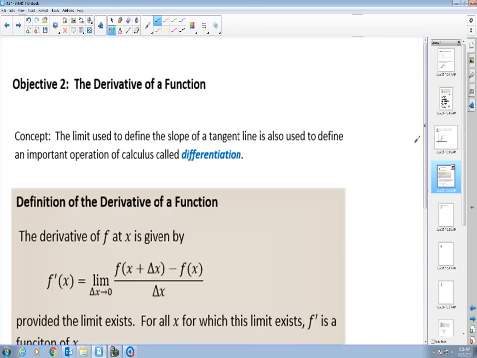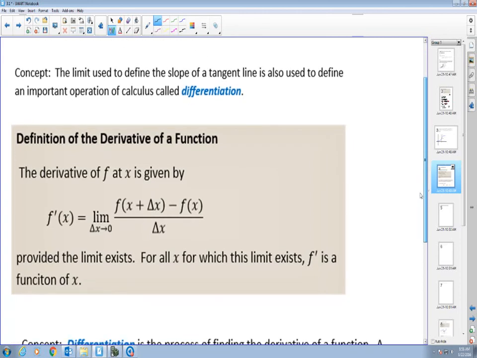So it turns out the limit used to define the slope of a tangent line is also used to define one of the most important operations of calculus, called differentiation. The derivative of my function f at my point x is given by f prime of x equals the limit of f of x plus delta x minus f of x, over delta x, as delta x approaches 0.